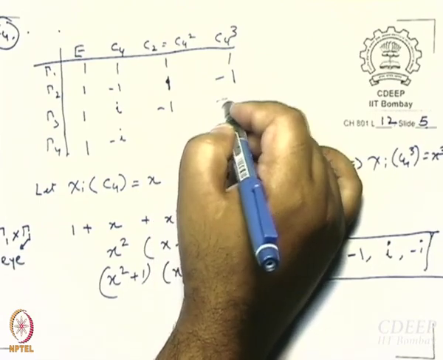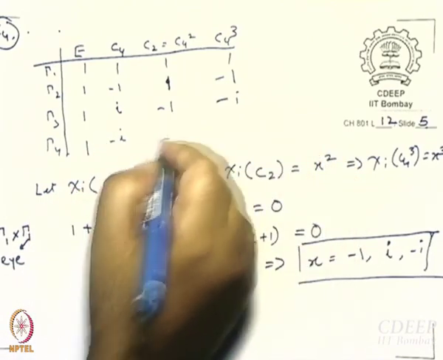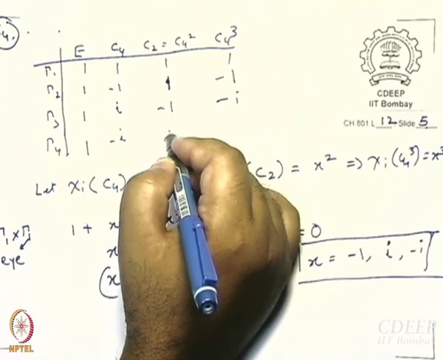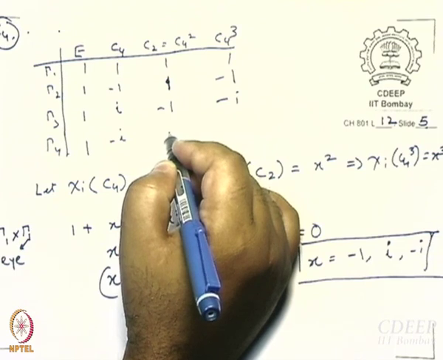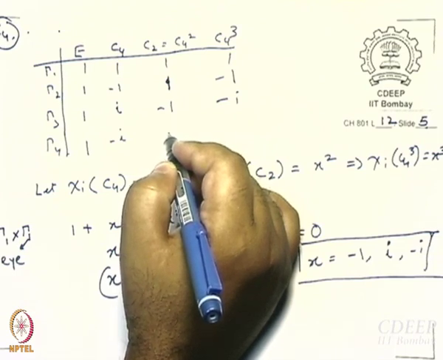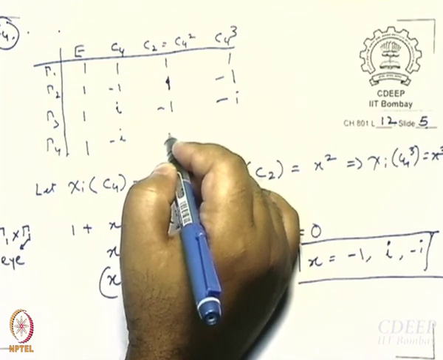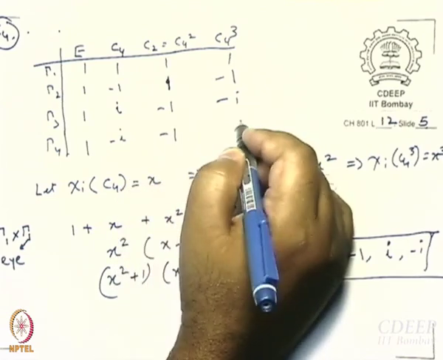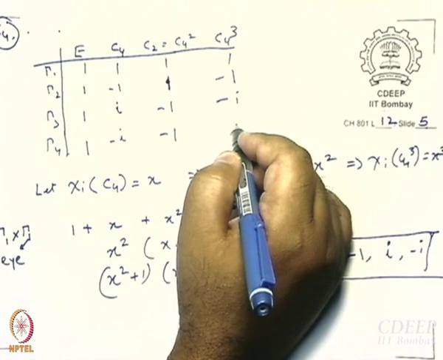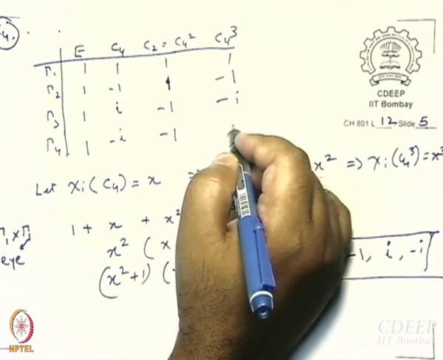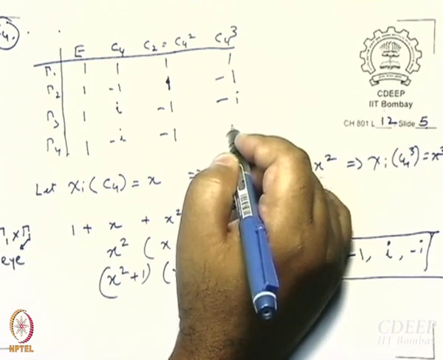Minus I. What is this C2, chi C2 here? Square of minus I. Square of minus I is minus 1 or plus 1? Sure? What is this? I or minus I? Sure? Or I cube?